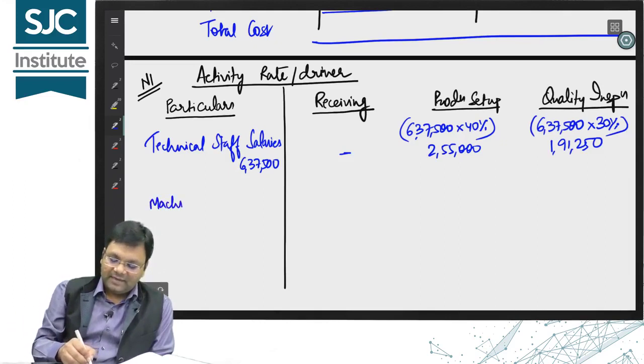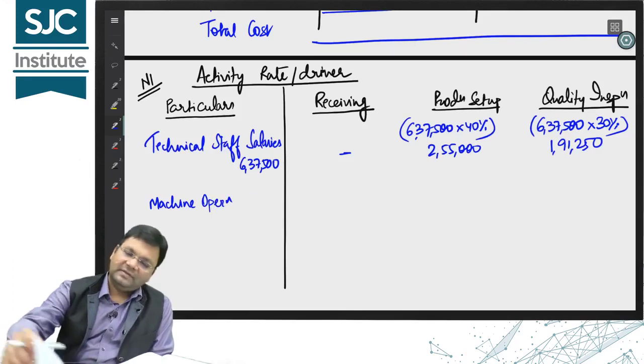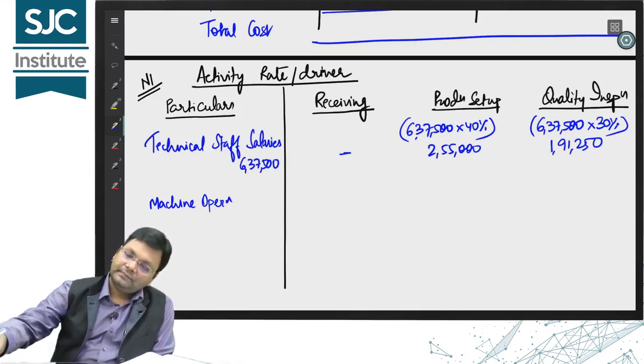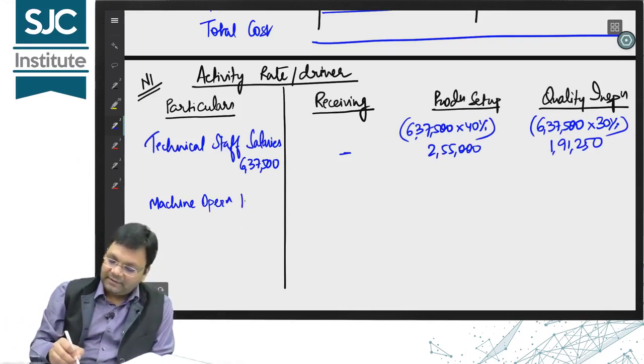So after this we have machine operation. The cost of this machine operation is 10,12,500. Then we have machine maintenance.